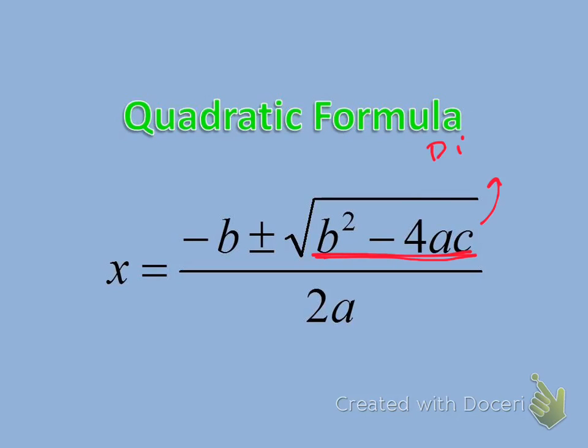It's called the discriminant. D-I-S-C-R-I-M-I-N-A-N-T. Hey, look at me, I can spell.